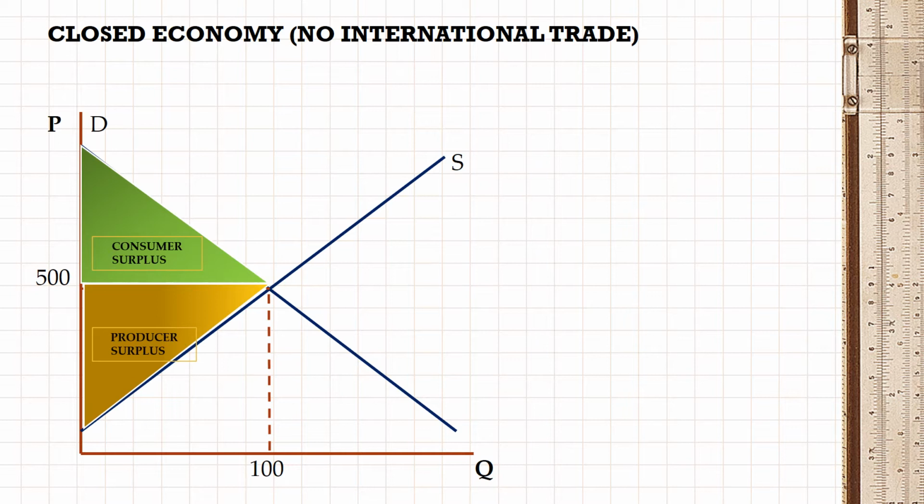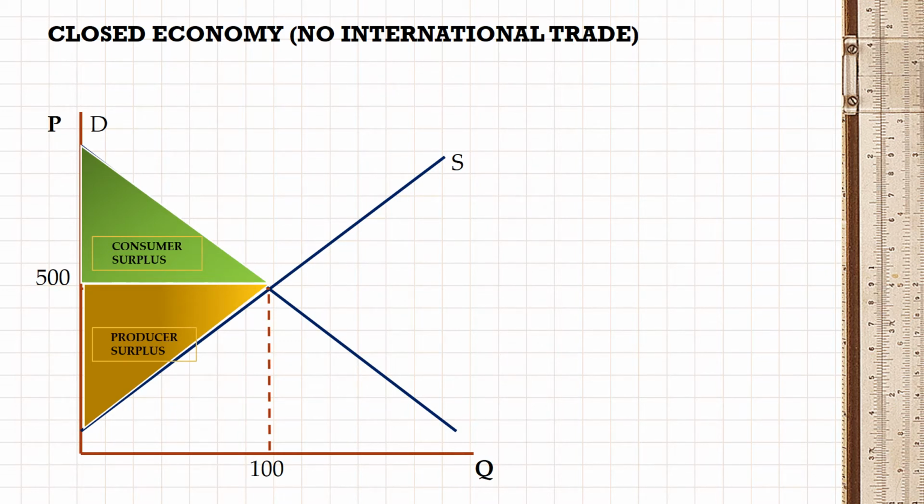Consumer surplus is all the area above the market price and below the demand curve. All this green shaded triangle is your consumer surplus, whereas producer surplus is all the area below the market price and above the supply curve. The yellow shaded triangle is your producer surplus.